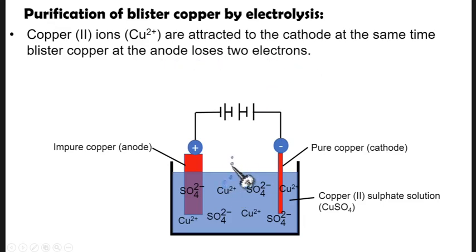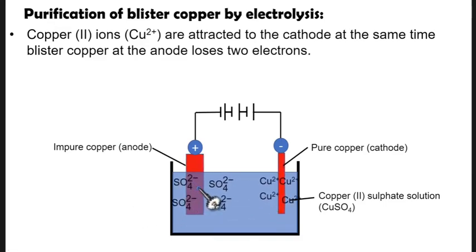Since these copper ions are positively charged and the cathode is negatively charged, they will be attracted to the cathode. While they are getting attracted, the copper anode is going to lose 2 electrons. So there will be a loss of 2 electrons here.